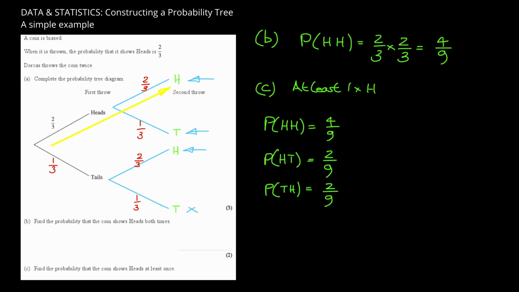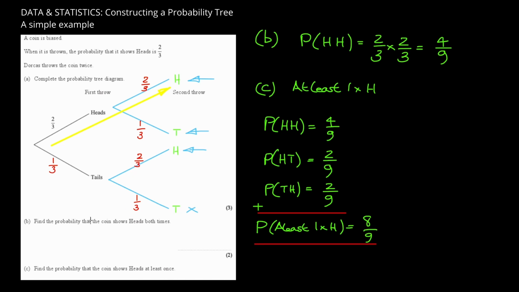So we add these numbers up and get 4, 6, 8. So we can call this the probability of at least 1 head is equal to 8/9. And that is your answer, for which you would have got 3 marks.